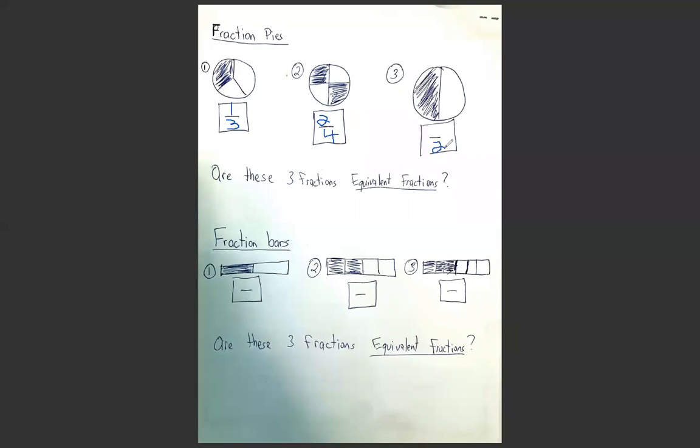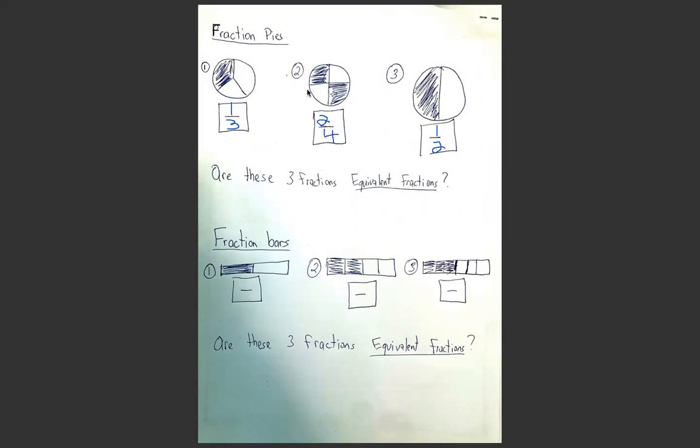Now the numerator, the top number, that's what you ate, or what you take, or what you used. How many parts are used? 1. Very good.